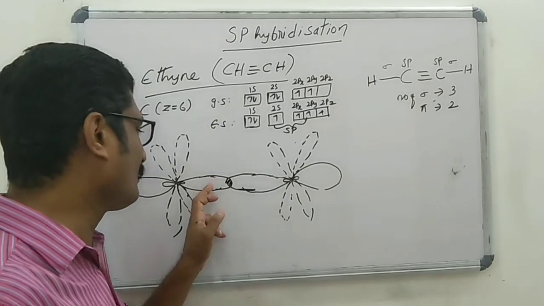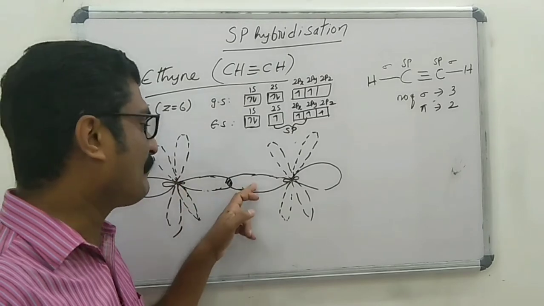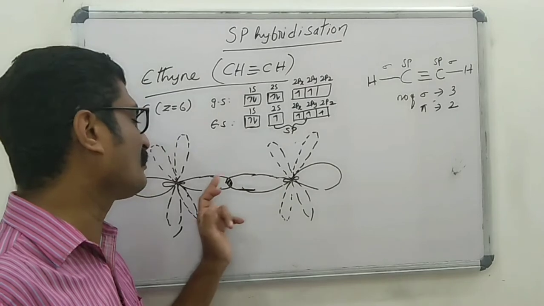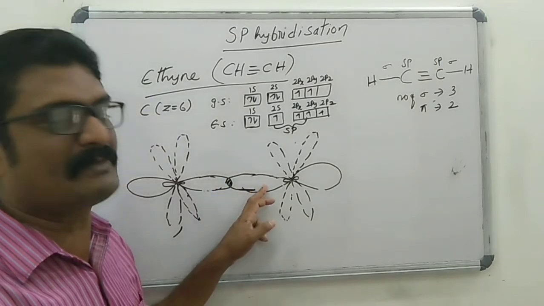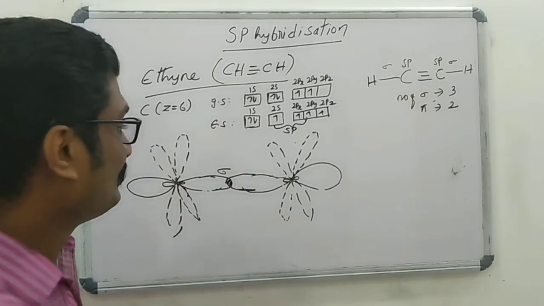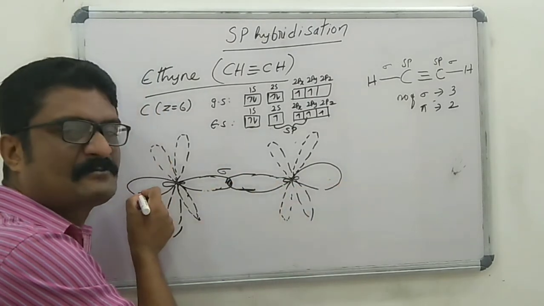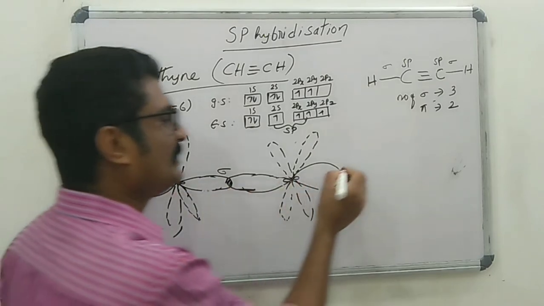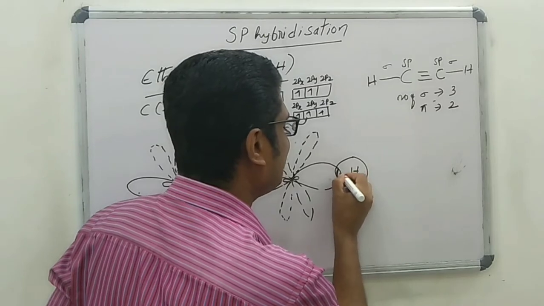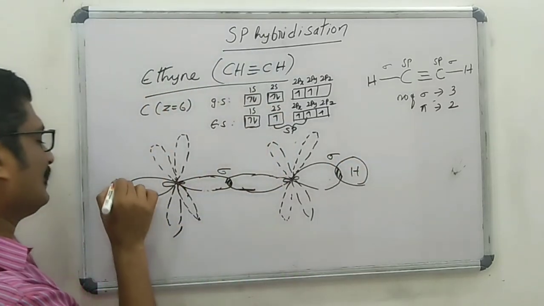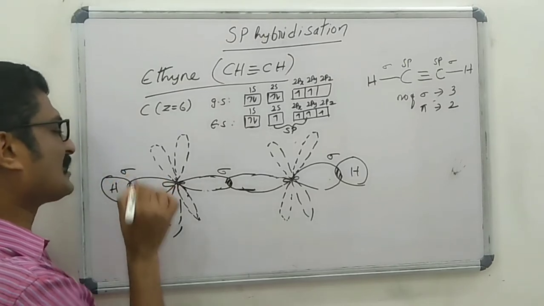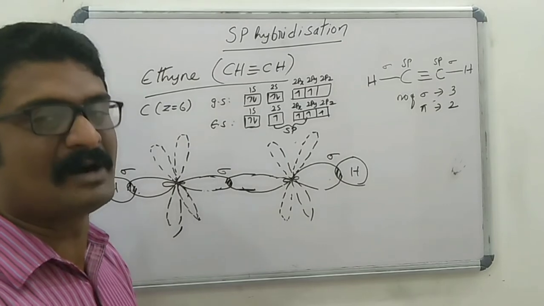The sp hybrid orbital of one carbon atom overlaps axially with the sp hybrid orbital of the second carbon atom, and here forms the carbon-carbon sigma bond. Then the remaining sp hybrid orbital of each carbon atom overlaps axially with the 1s orbital of hydrogen and forms carbon-hydrogen sigma bonds.